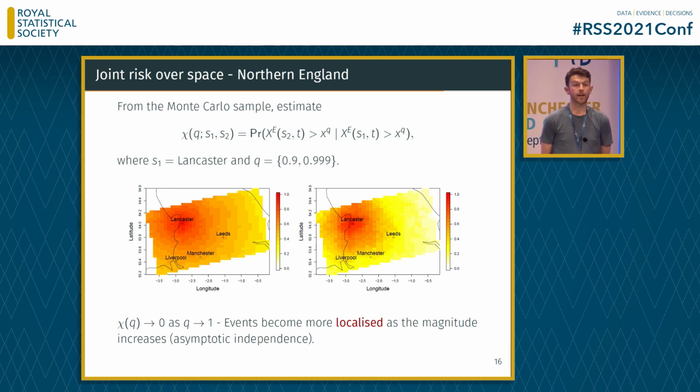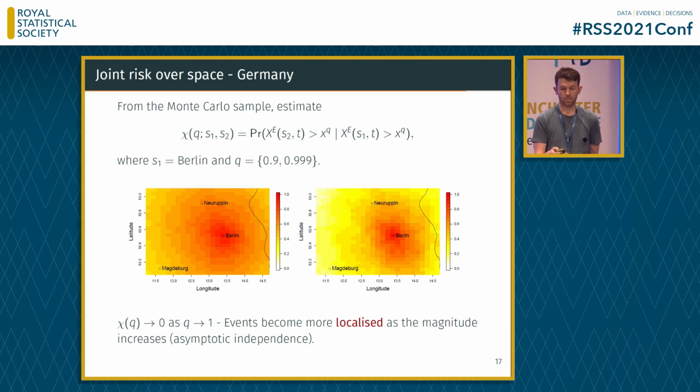The key takeaway here is that the spatial dependence becomes more localized as the magnitude increases. This is what we refer to in extreme value theory as asymptotic independence, which is quite interesting. Doing the same over Germany, using Berlin as the conditioning site, we see this pattern as well: more localized features as the magnitude increases.